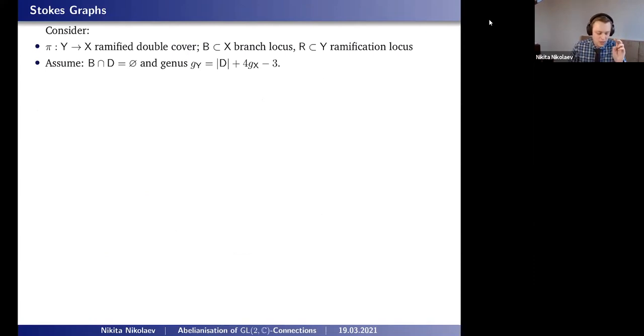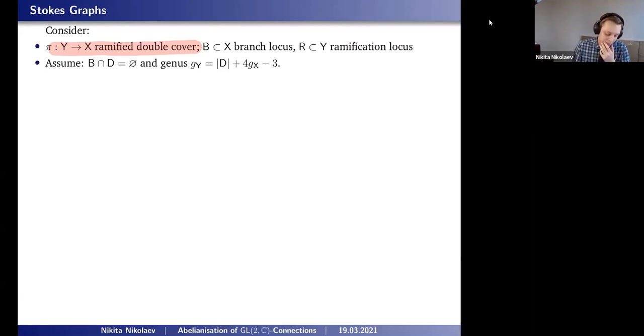So now let me specialize to rank 2, so n is equal to 2. So Y is a ramified double cover, and again B and R are the branch and ramification loci. Because n is equal to 2 and Y and X are smooth Riemann surfaces, these are necessarily reduced divisors.